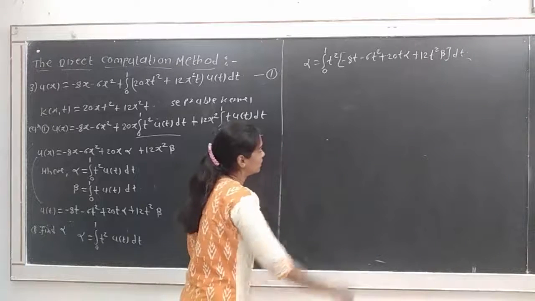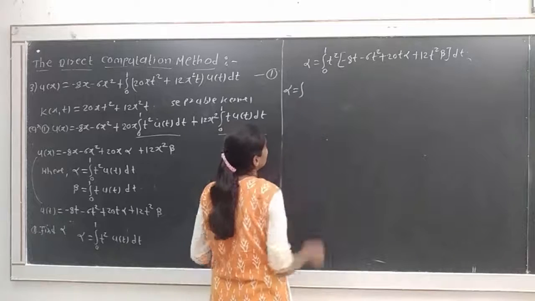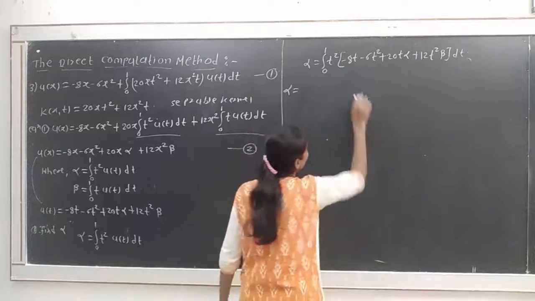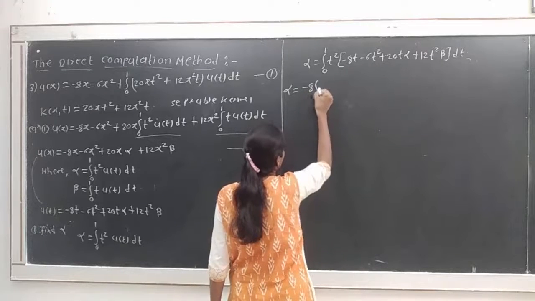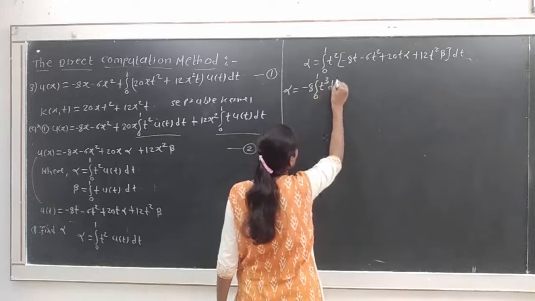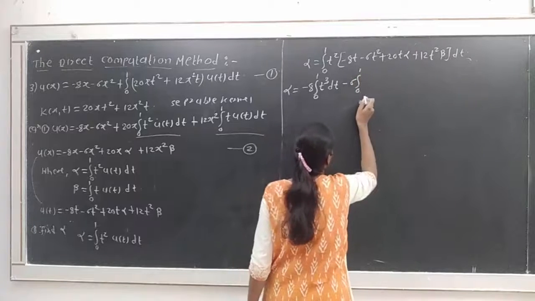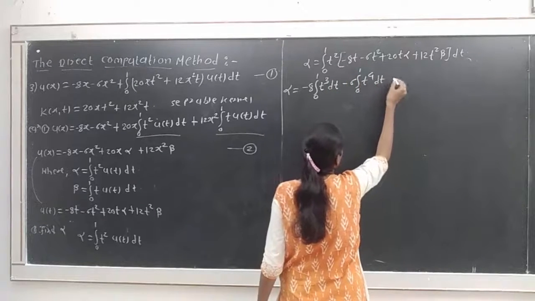Okay, then we separate this integral. We get alpha is equal to, first if we observe the first term, minus 8 will be constant. We take outside integration, we get 0 to 1 of t square into t becomes t cube dt. Again minus 6 we take outside, integration from 0 to 1 of t square into t square will be t raised to 4 dt.